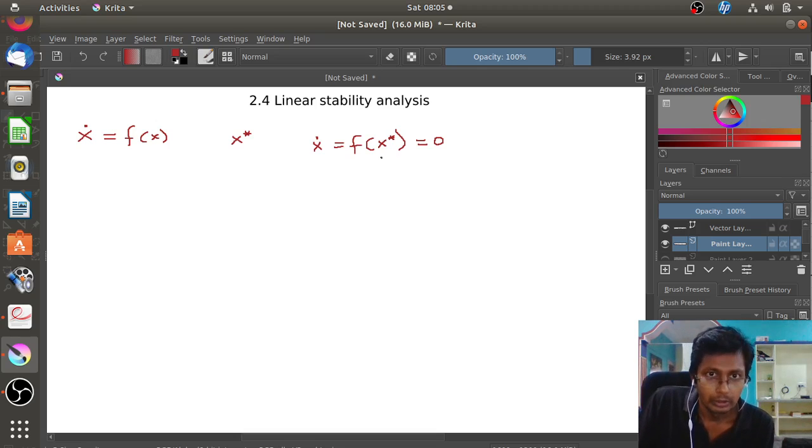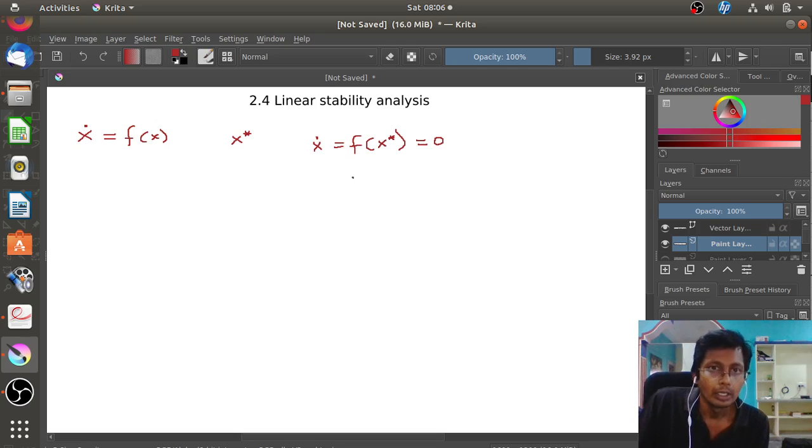And those fixed points can be classified into two: one is stable, another one is unstable, right? And how do we identify whether it's stable or unstable? We can identify that using the graphical approach again. If I give a little disturbance, and it approaches towards the fixed point, then it's stable, and if it's going away from the fixed point, then it's unstable.